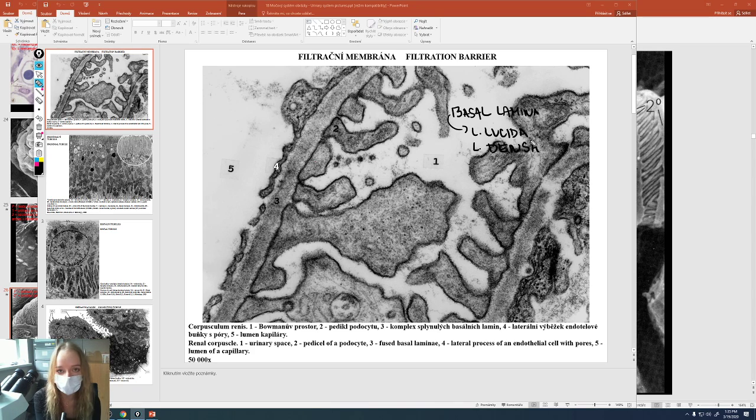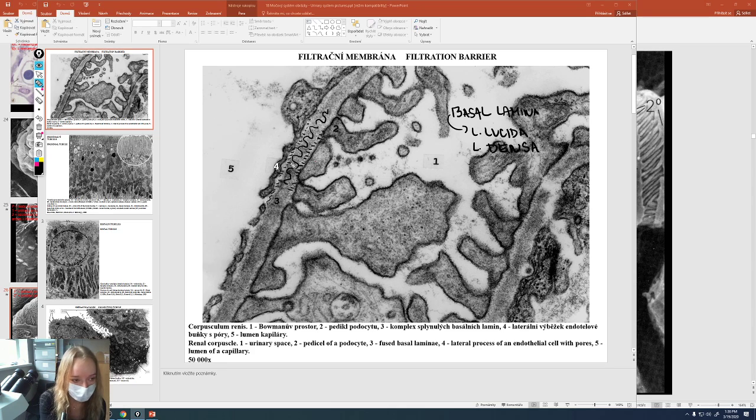It's quite dark. I don't know if you can see it, but probably yes. The basal lamina of the podocytes and the basal lamina of the endothelial cells fused together. So we can see the lamina lucida of the endothelial cell, the lamina lucida of the podocyte, and this dense stuff here are the lamina densae fused together.